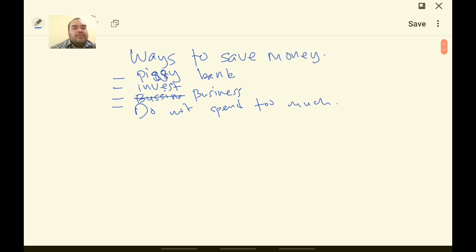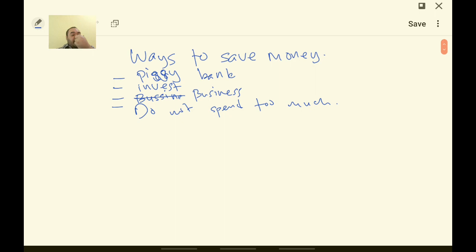As a student, well, we do not have a stable income. Some of us, well, I think the majority of us, would rely on PTPTN. So when we get the money, our loan, we do not have to spend too much. We spend on necessary things.